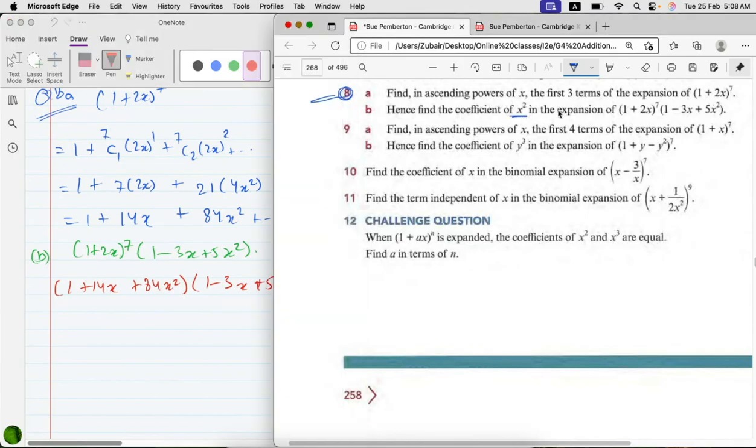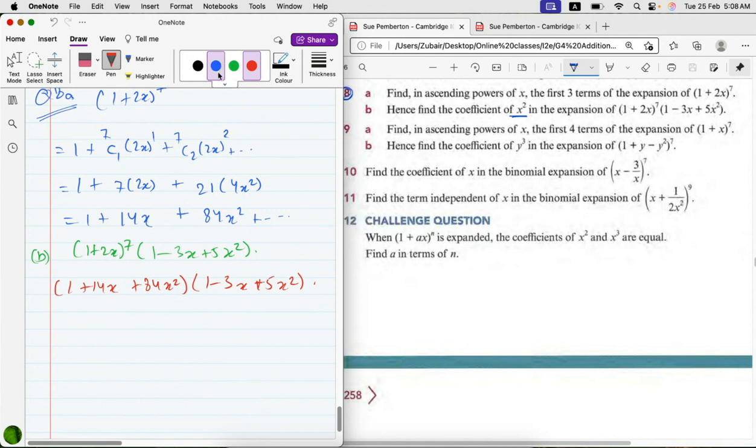And we're looking for the coefficient of x squared. It would depend on whether it is the second term or third term, depending on the power. In this case, the third term is x squared.